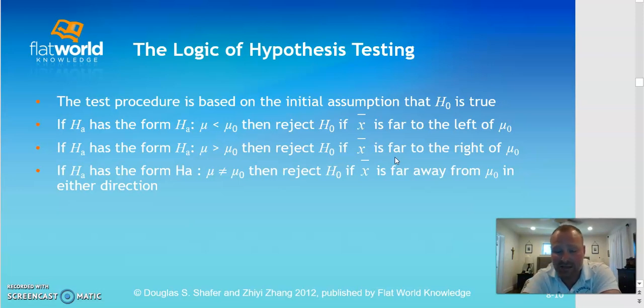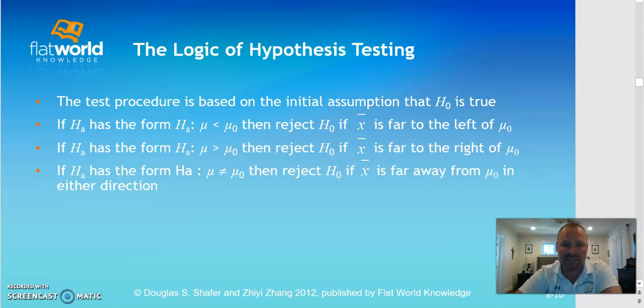And if the alternative hypothesis, H sub A, has the form where the mean is not equal to the null hypothesis mean, then we're going to reject the null hypothesis if the sample mean is far away from the mean of the null in either direction.